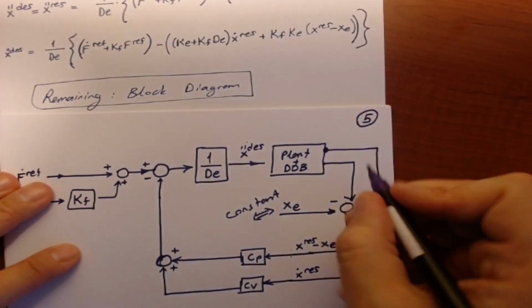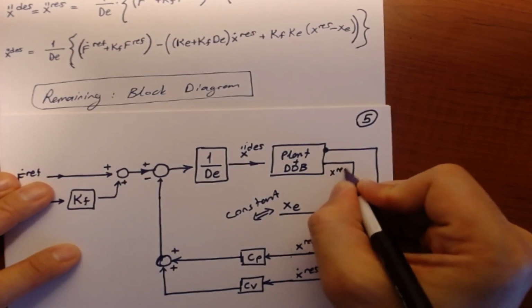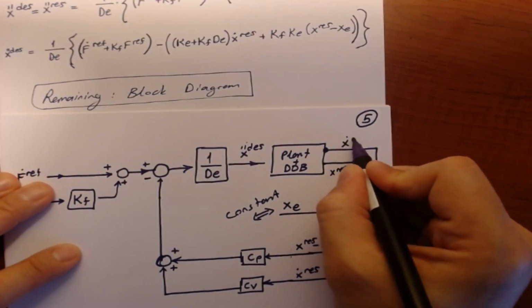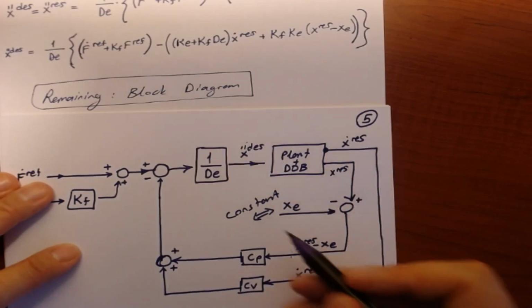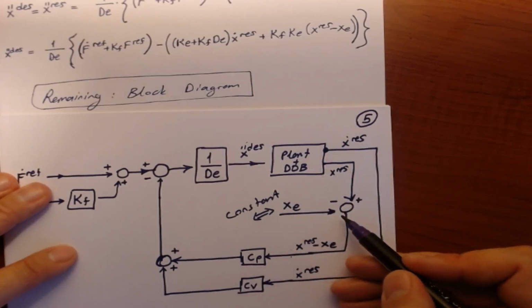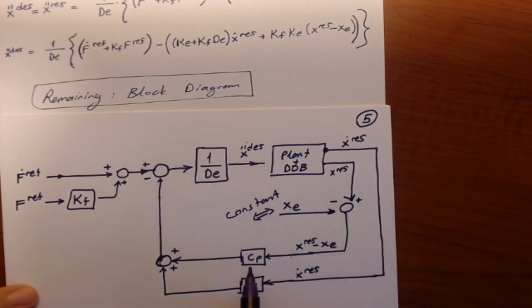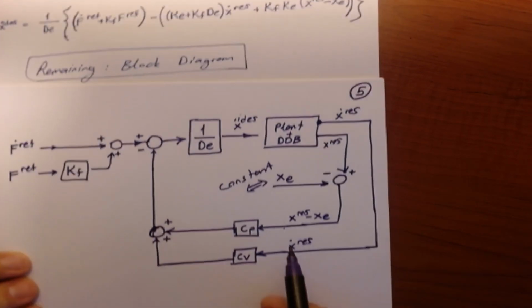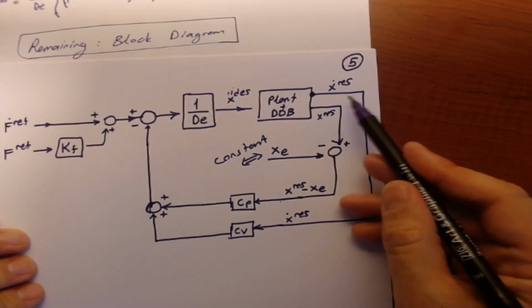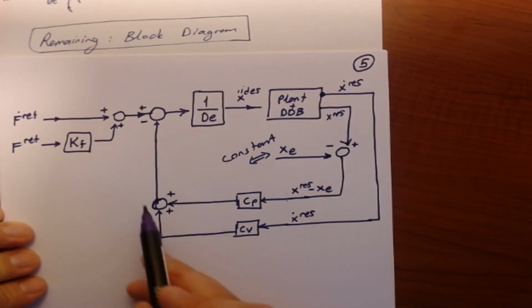So what we do is from x response we subtract the environment's position, that's x response minus xe, multiply it with Cp and give it as a feedback, and use x dot response and multiply it with Cv and give it as a feedback.